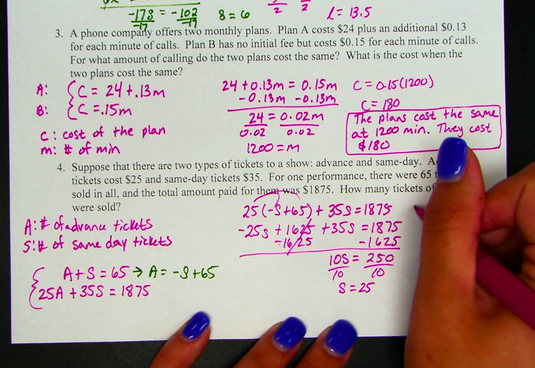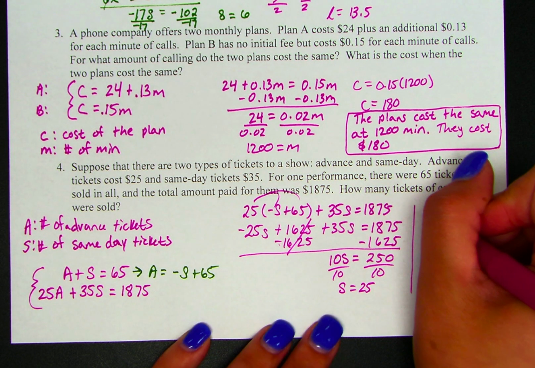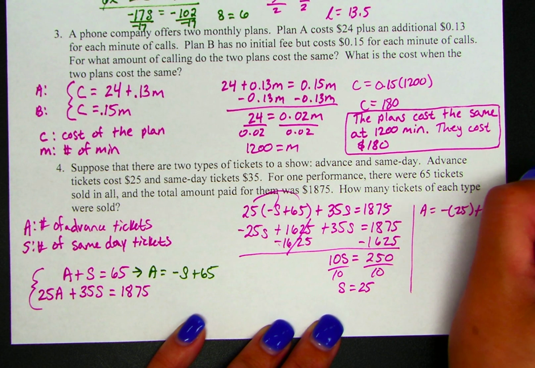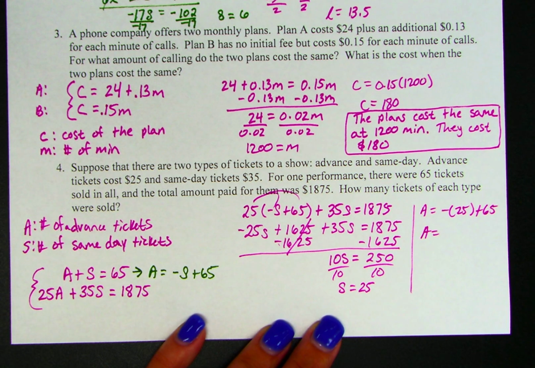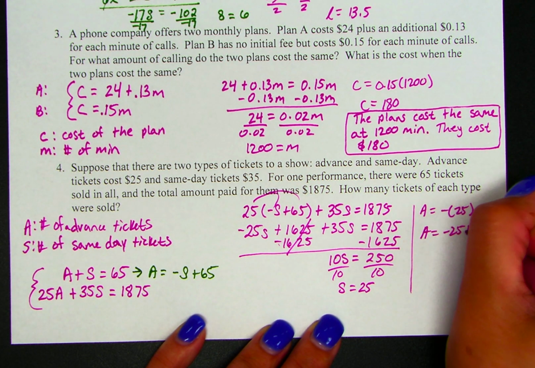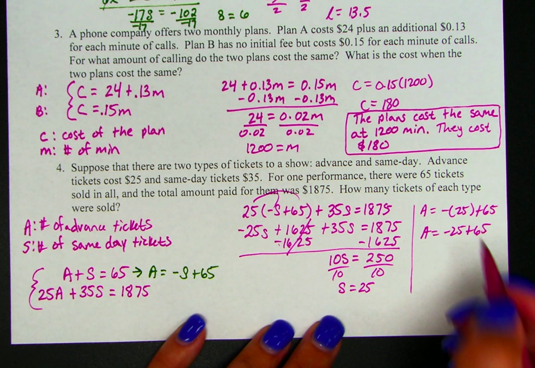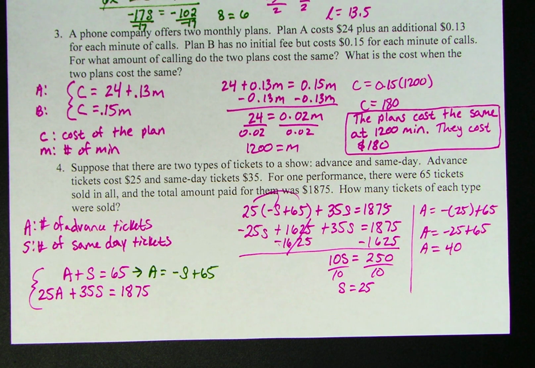So now I'm going to take that and I'm going to substitute that into this spot right here. So I would have a negative 25 plus 65. So if we combined those together, that will be 40. Okay.